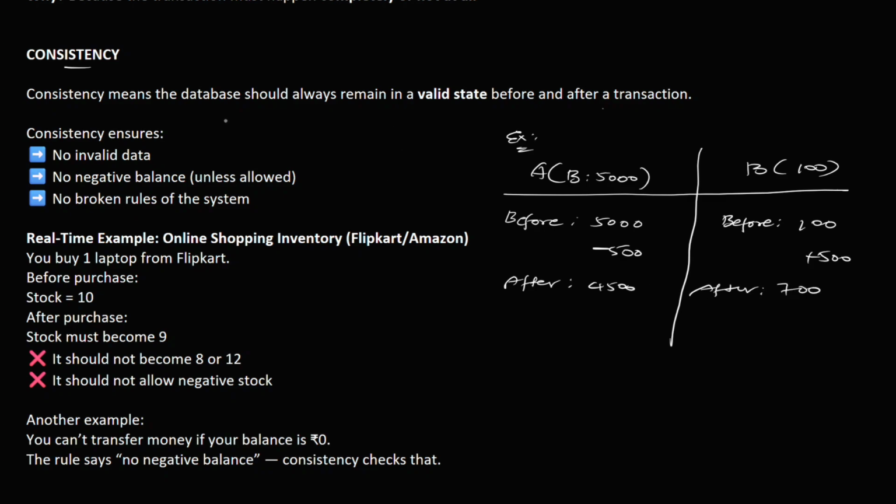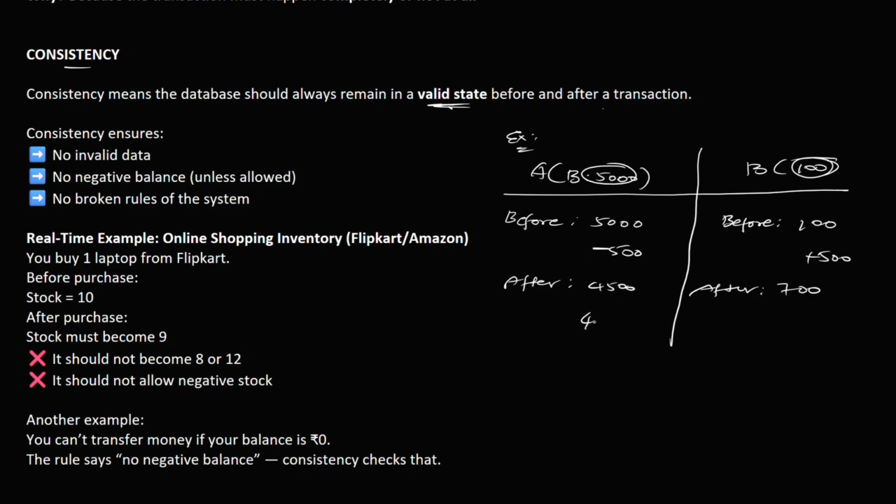So whenever a transaction is happening, the data before the transaction should be in a valid state. Here, before the transaction this number is valid, right? And after the transaction also this should tally. So 5,000 minus 500 is 4,500.